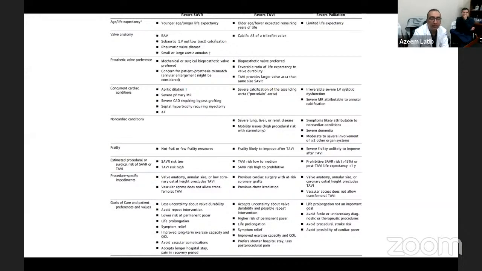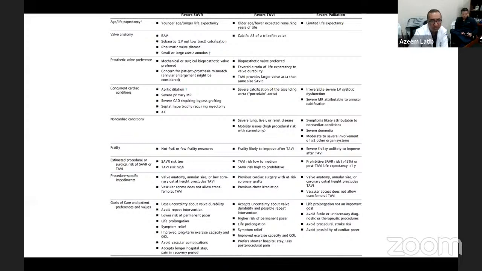And then there are things we don't always think about, like patient prosthesis mismatch. In a patient with a small annulus, you need to know your surgical center and your surgeons and how likely they are to perform a root enlargement in these patients. If they are, then surgical AVR with root enlargement may be more appropriate.